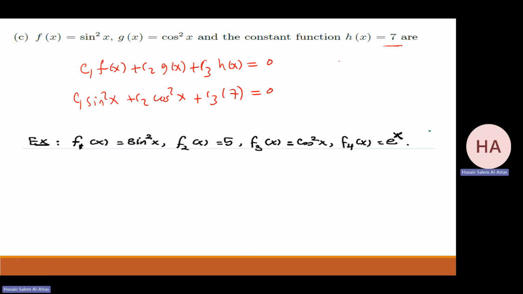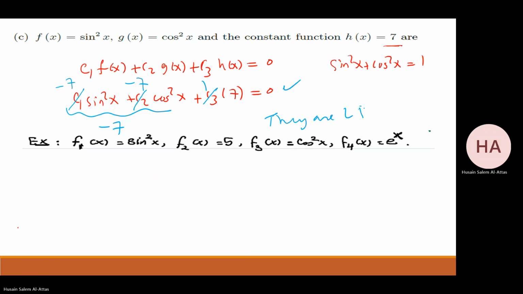Can I find C's? I know that sine square plus cosine square is equal to 1. So what I will do, I will make C1 and C2 minus 7, and C3 1. So minus 7 plus 7 equals 0. It means they are linearly dependent.